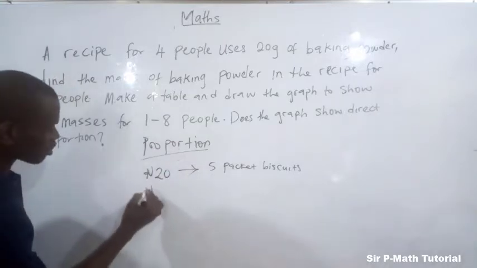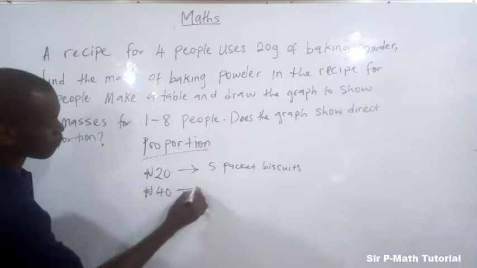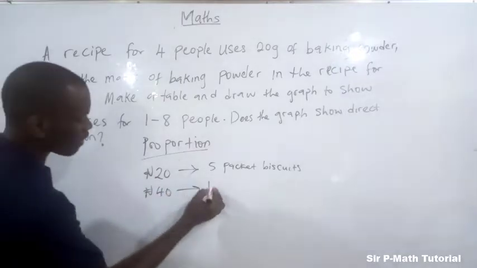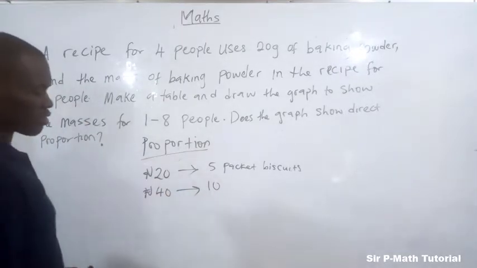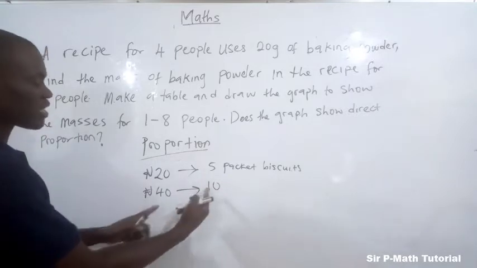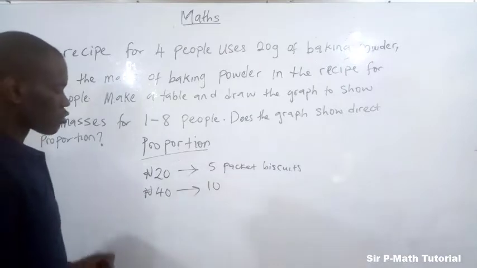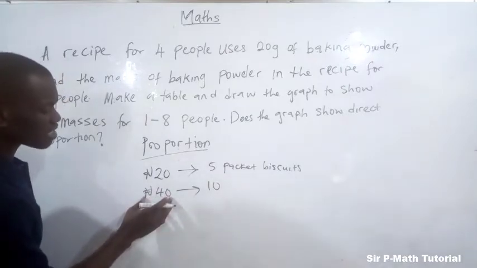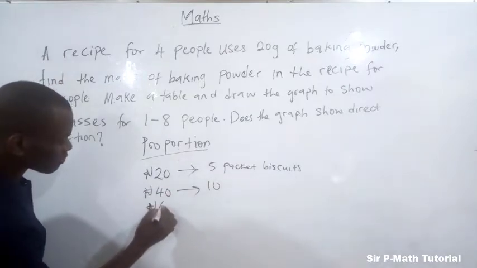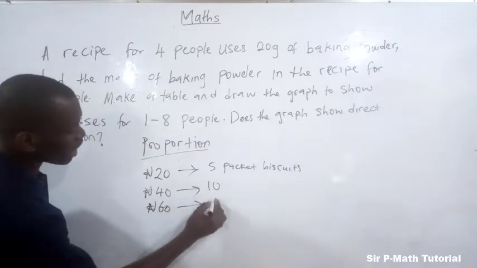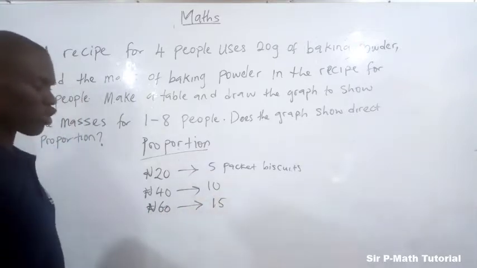Let us assume my money is increased to 40 naira. That means I will have 10 packets of biscuits. Remember, this increase is in the same proportion with the first one. So if this amount is increased to 60 naira, that means I will have 15 packets of biscuits.